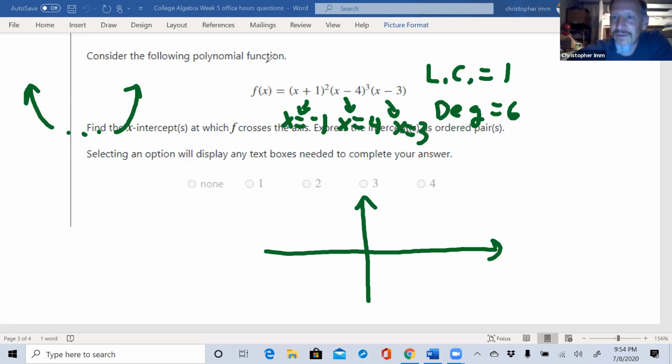But hey, I promised you 6 zeros. That's what the theorem says here. So let's go ahead and plot those. So here's the one at -1, 0. Here's the one over here at 3, 0. And here's the one over here at 4, 0.